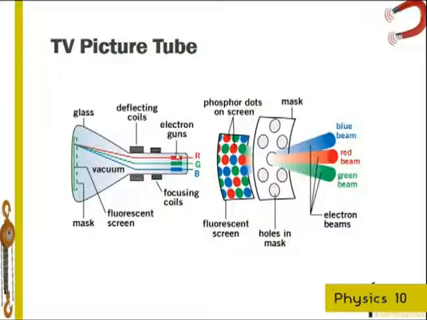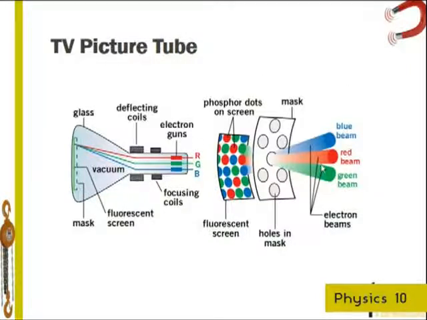Then we have an electron gun with three primary colors, red, green, and blue. We have a deflecting coil, which deflects the beam coming from the electron gun. And we have a focusing coil, and as the name implies, that just focuses the beams emitted by the electron gun.